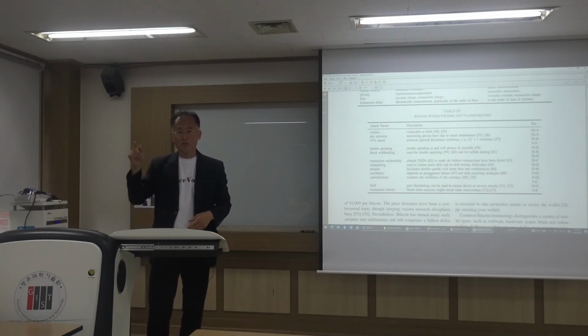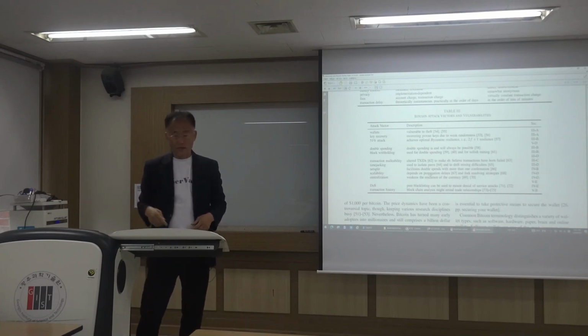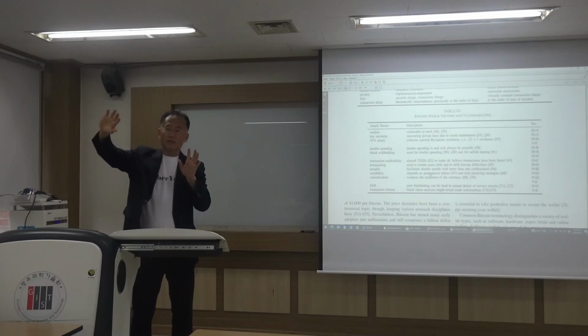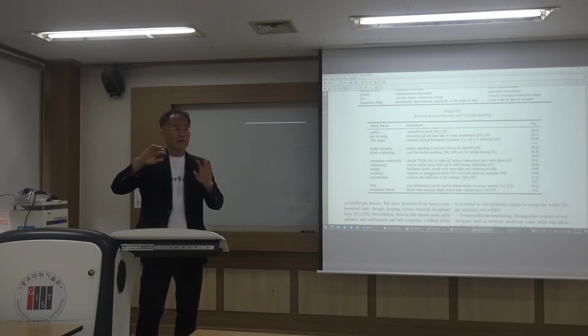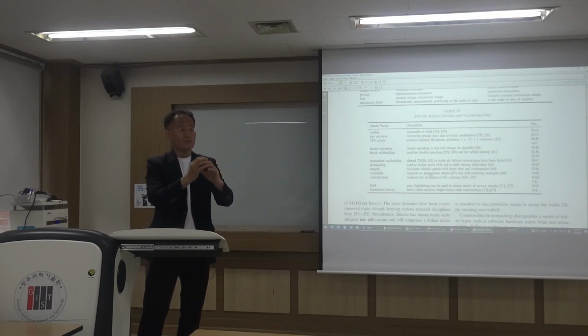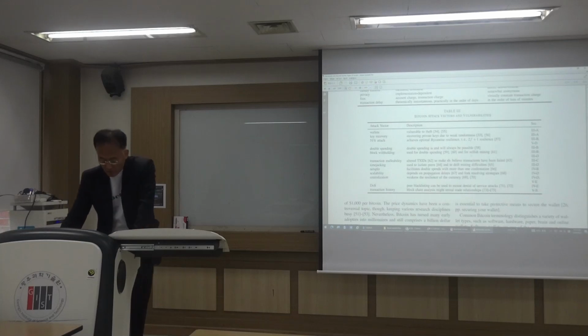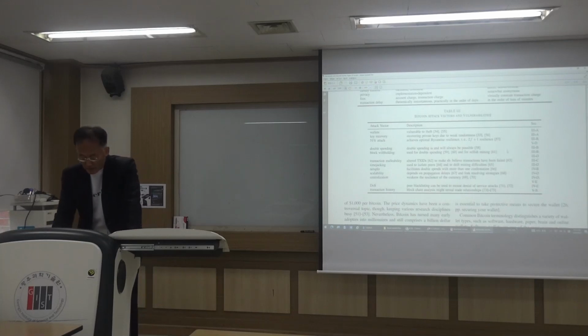If you launch a DDoS attack on this node, then basically the two networks will be separated, right? And then after you have done the separation, you can launch a double spending attack on a partitioned network, okay? So that type of attack is discussed in these papers, okay?